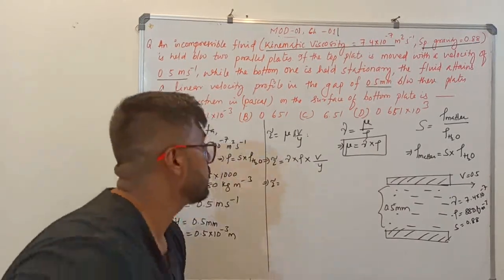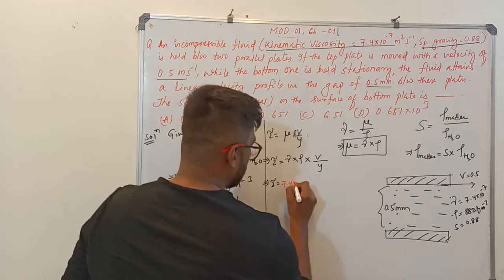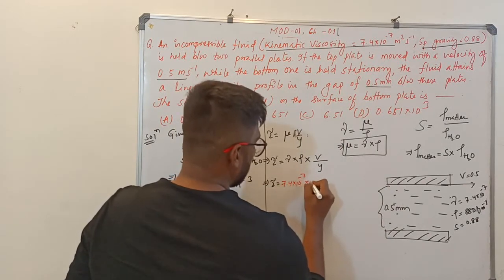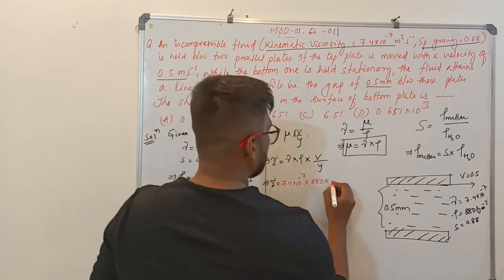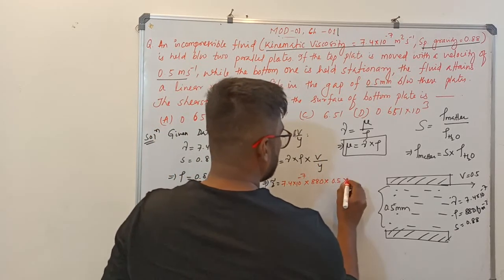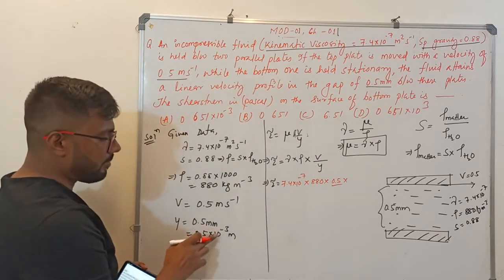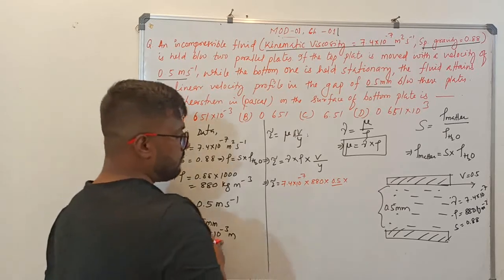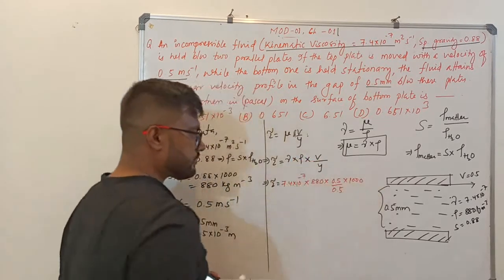So tau is equal to 7.4 into 10 to the power minus 7, times density 880, times the velocity 0.5 meter per second, divided by Y, which is 0.5 into 10 to the minus 3 meter. Here I am writing 0.5 and here 1000, so they cancel.